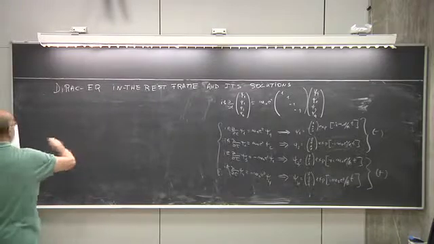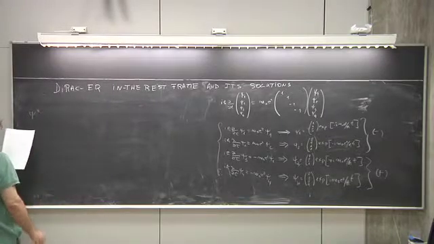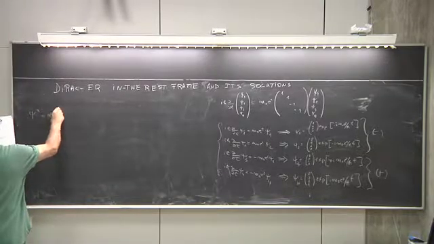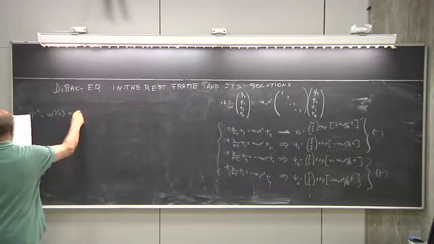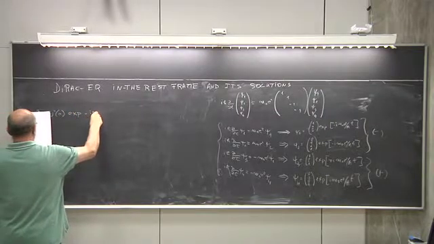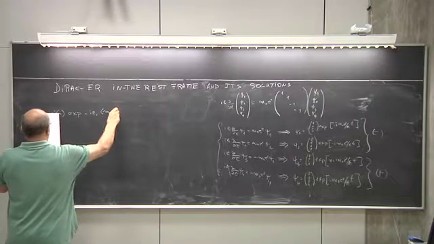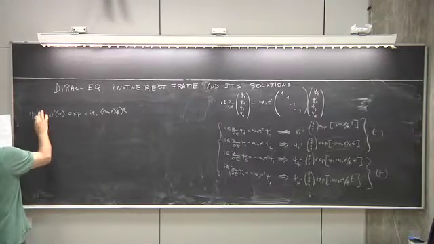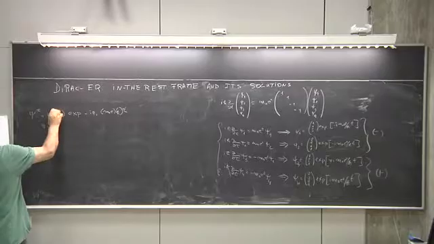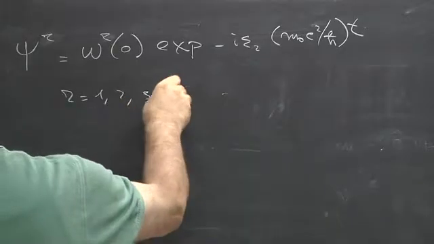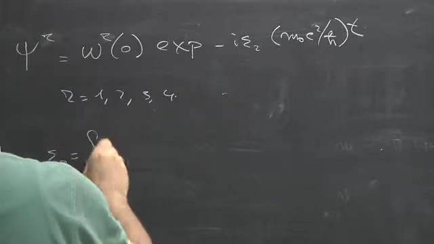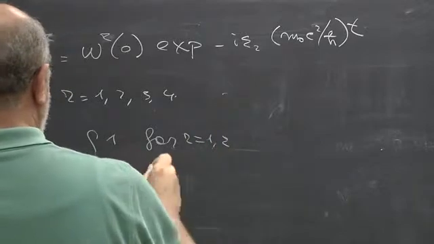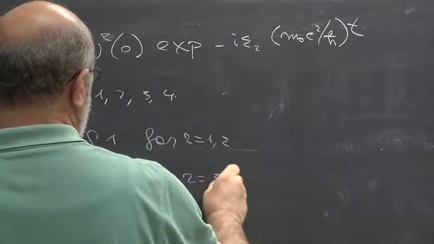Instead of writing that, they write ψ_r, where r is 1, 2, 3, 4, and then they say it is ω_r(0) exponential of minus i ε_r m0 c² over ħ times t, where ε_r is 1 for r equal 1 or 2, and is minus 1 for r equal 3 and 4.